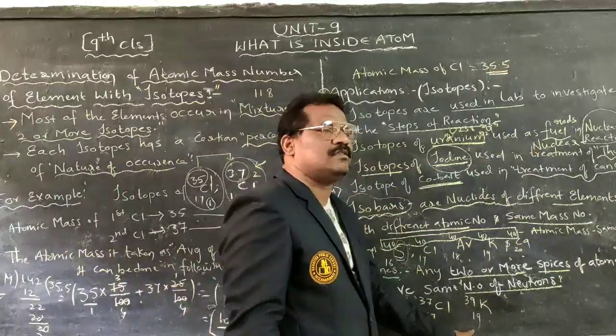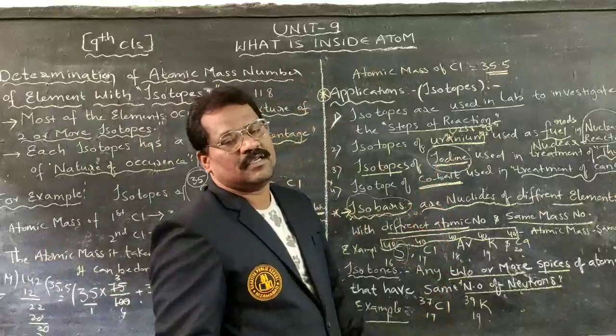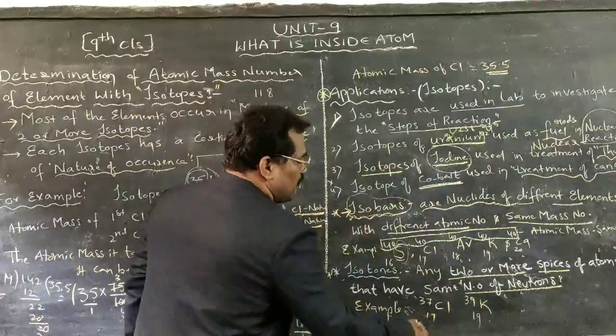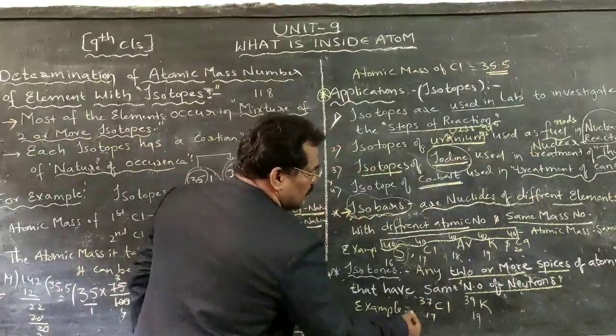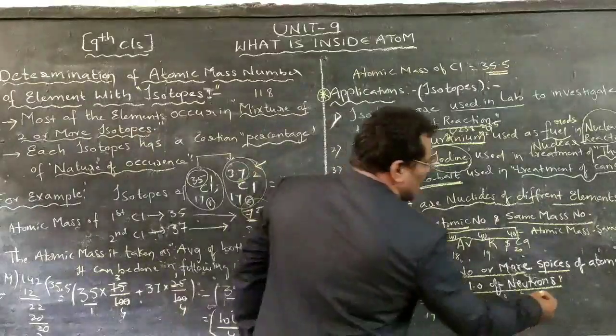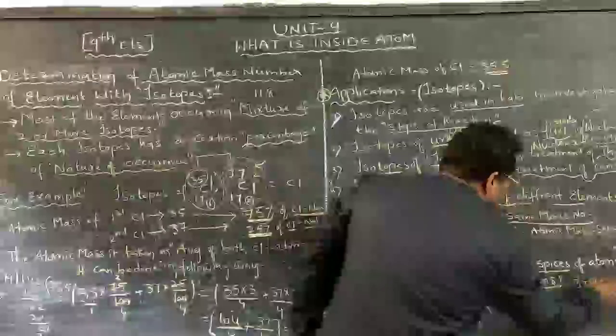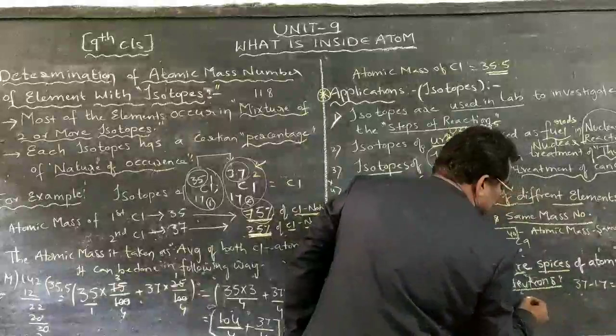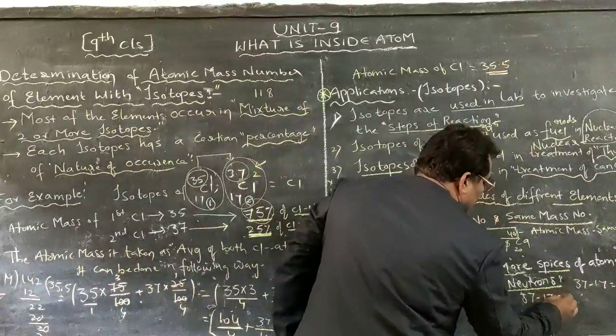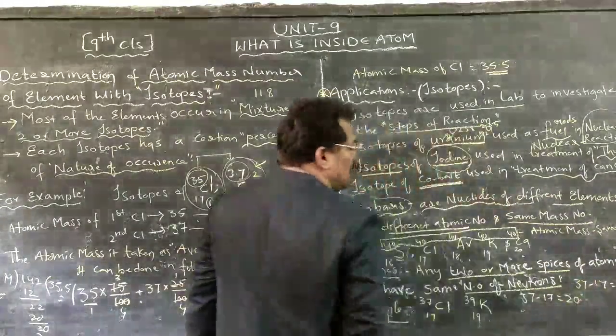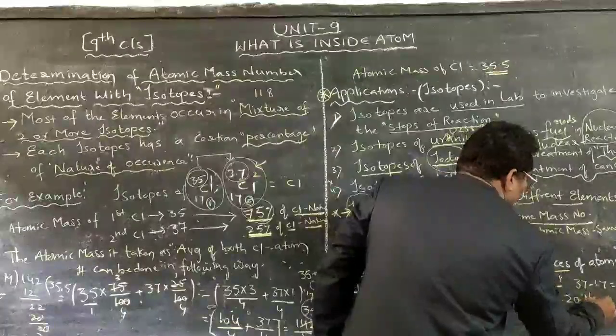Potassium, whose atomic number is 19, mass number is 39. For chlorine, 37 minus 17 is equal to 20. I will get 20 neutrons.